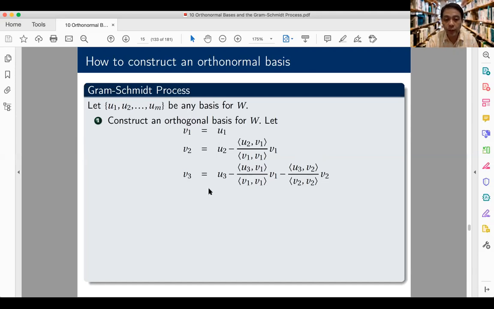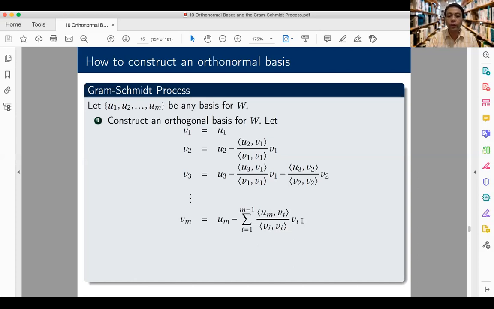If we get for V4, that is equal to U4 minus projection of U4 on V1 minus projection of U4 on V2 minus projection of U4 on V3. And in general, V sub m is equal to U sub m minus the summation from I equals 1 to m minus 1 of the projection of UM on the preceding vectors V sub I. Okay? So this gives us our set of orthogonal vectors.